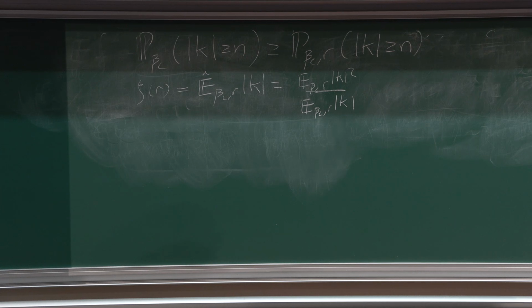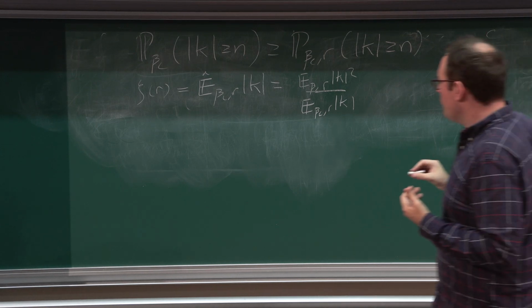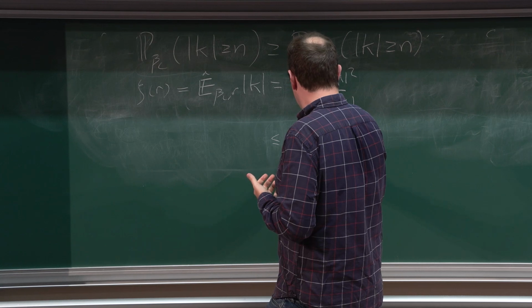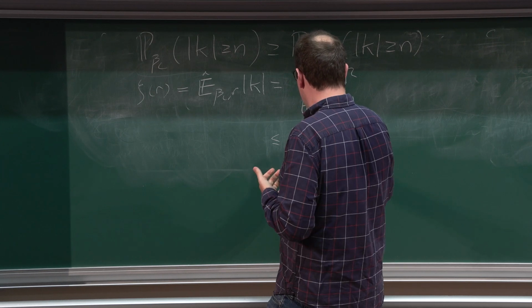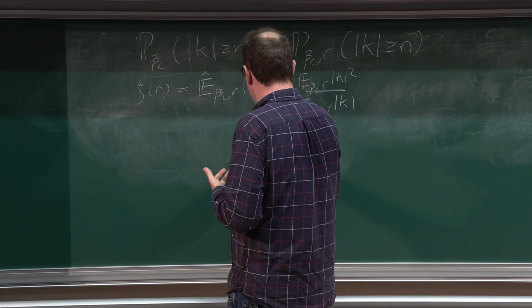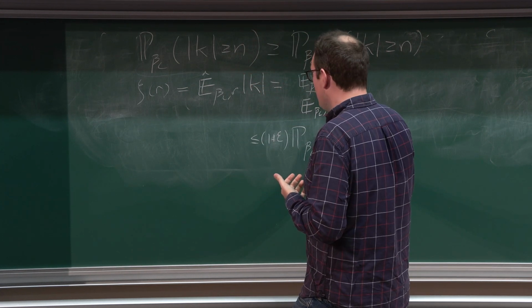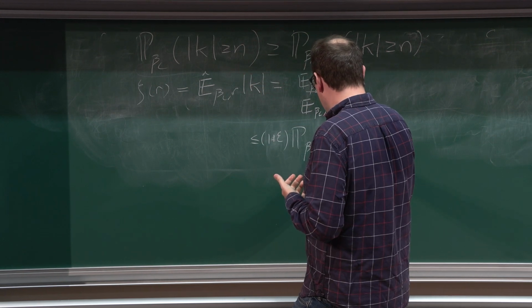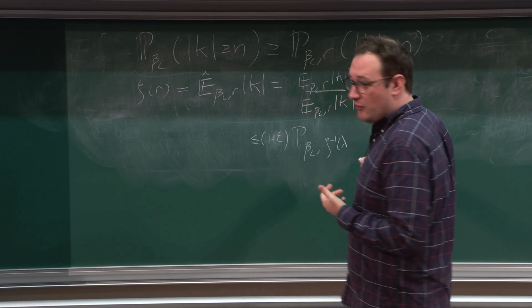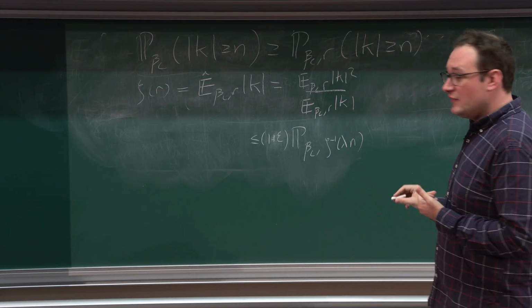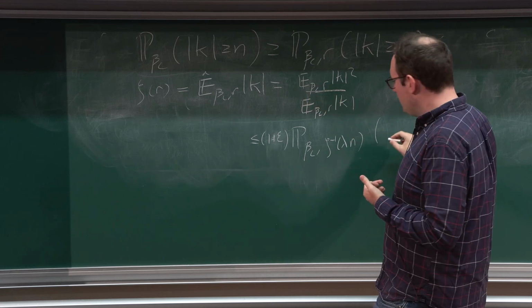Okay? So in particular, what you can show is that if you take this cutoff to be at a large multiple of n, the zeta inverse of a large multiple of n, then this is almost the same.